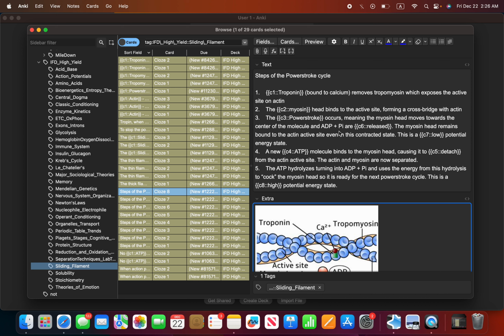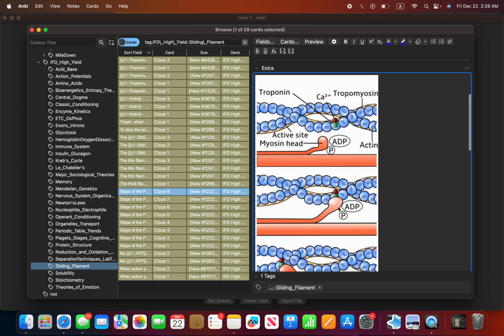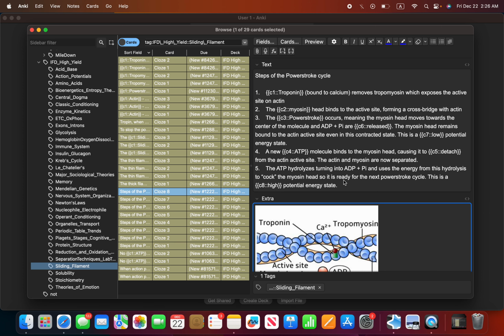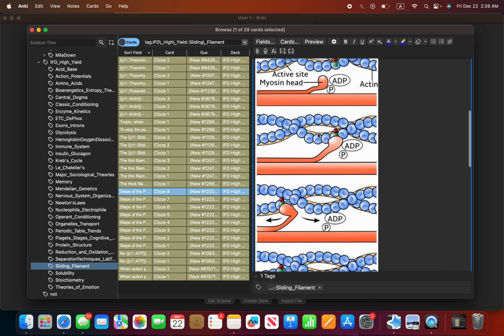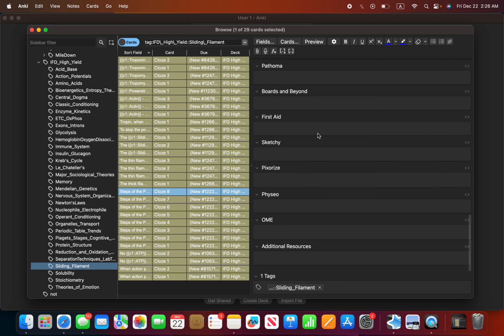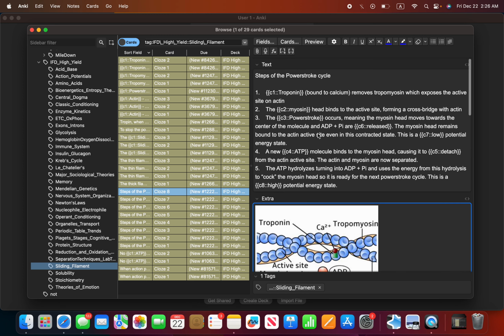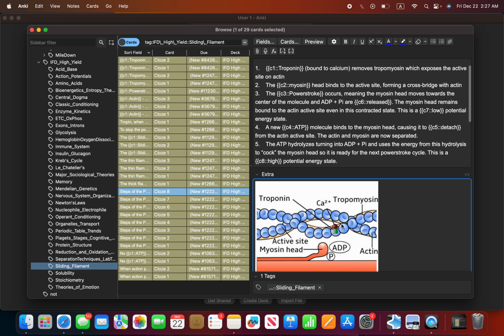When the power stroke occurs, because the myosin head was attached to the active site of the actin, the myosin head moves towards the center of the molecule. Now in the bigger picture, we need to see where the center of this whole thin filament is.